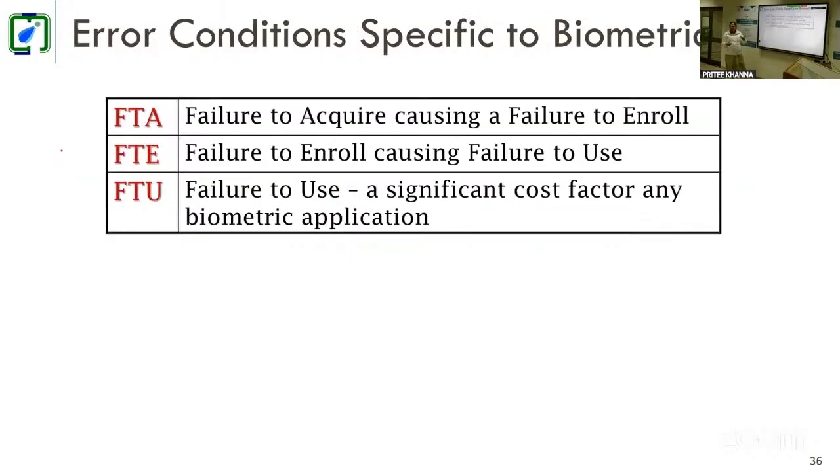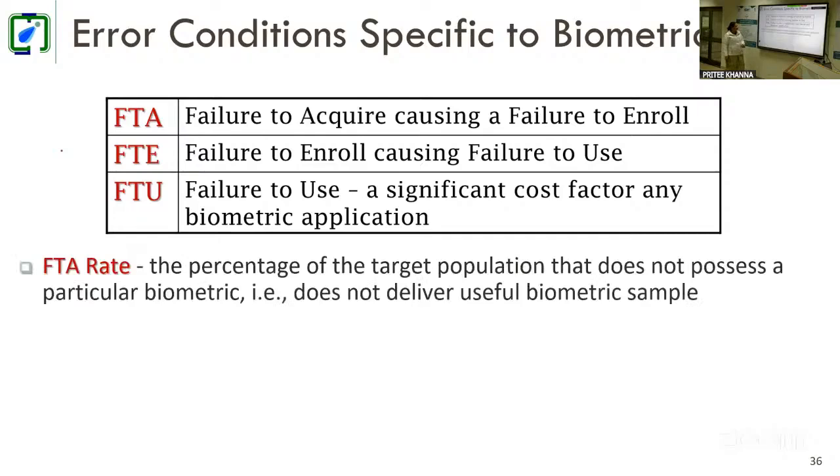Now there are some other types of errors. For example, failure to acquire, where you are not able to enroll yourself. Because you are not able to enroll, you are not able to use the system. If you have deployed a system and you are not using it, that is a complete failure case.